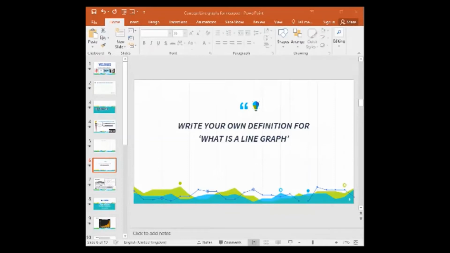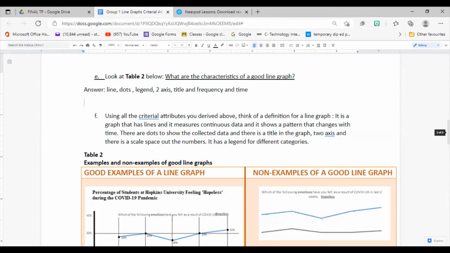All right, so everyone is finished. Nice. Let's see what you all have. It is a graph that has lines and measures continuous data, and it shows a pattern that changes with time.